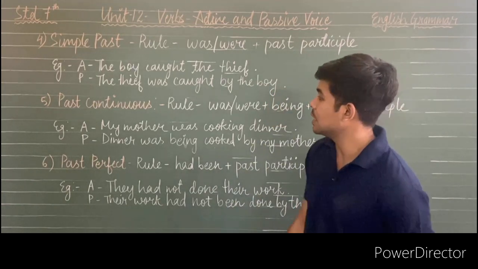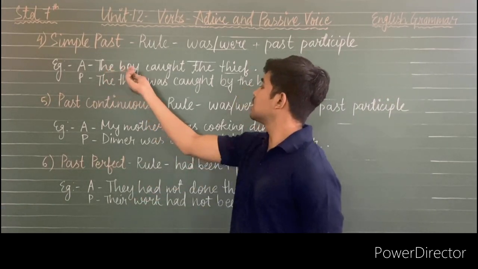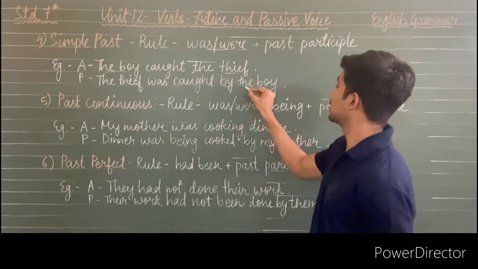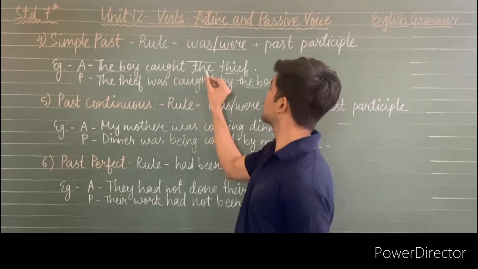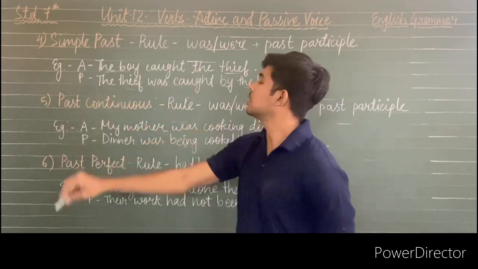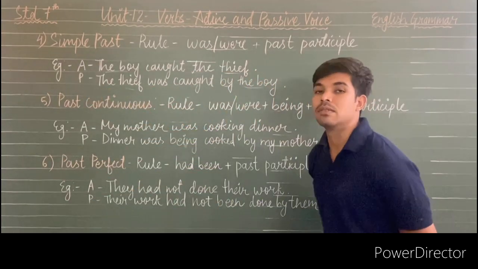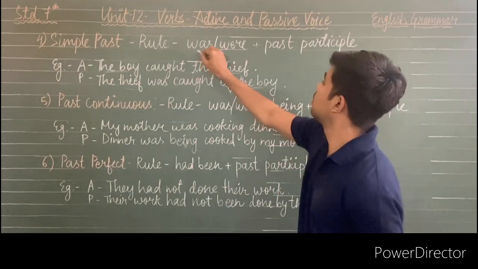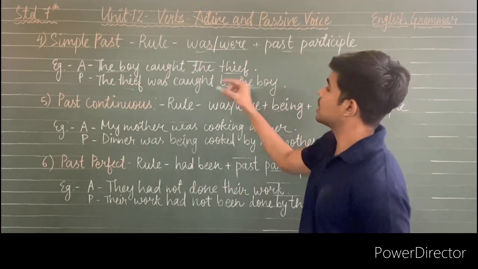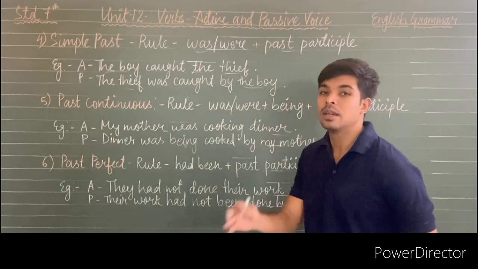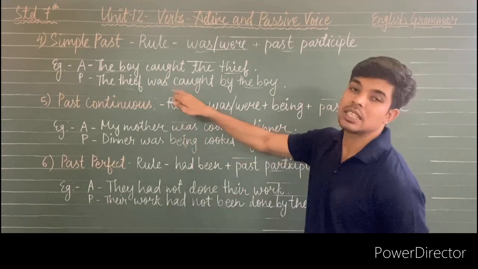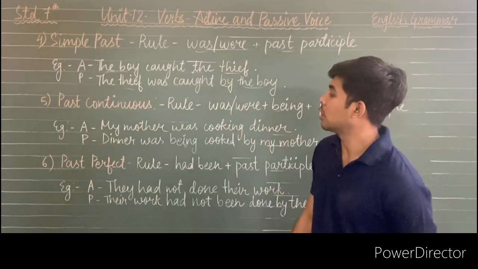For example, here the boy was the subject earlier. It is converted to the end. Then the object, the thief, comes at the start of the sentence, and we have added was, and the past participle form of caught is already in the past participle form, so no changes are done with caught.